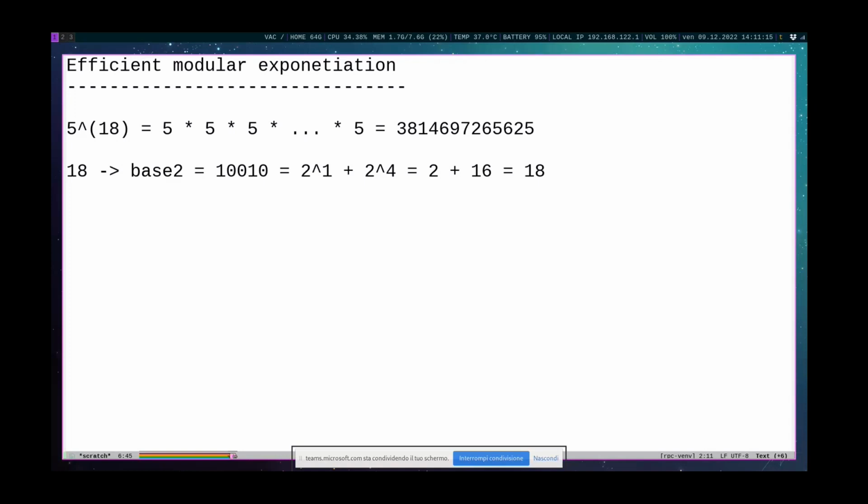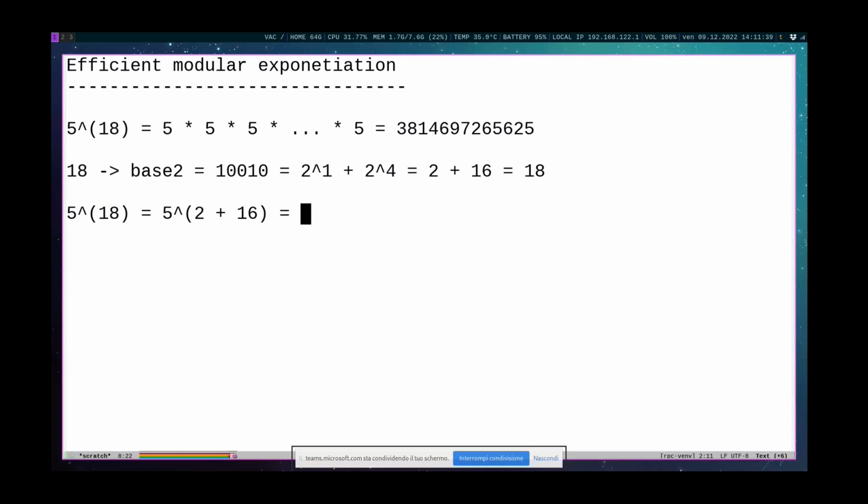And this is going to be really, really important. So now I have my 5 to the 18. I can rewrite this, because after all, I've rewritten 18 as 2 plus 16. So this is 5 to the 2 plus 16. Nothing has changed mathematically.